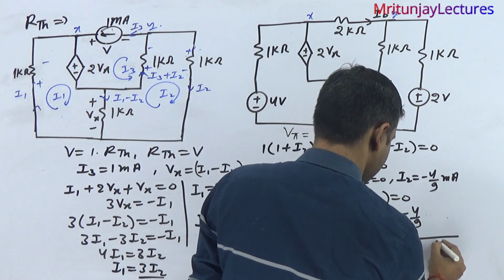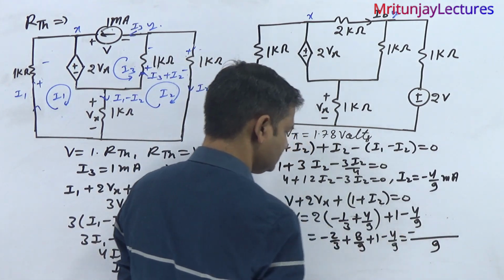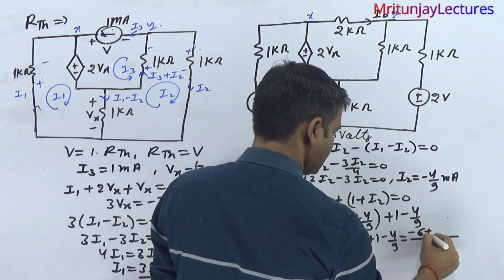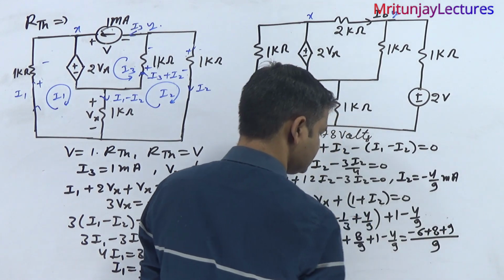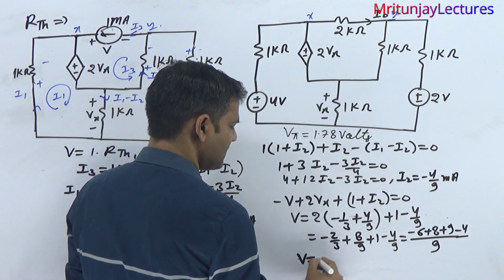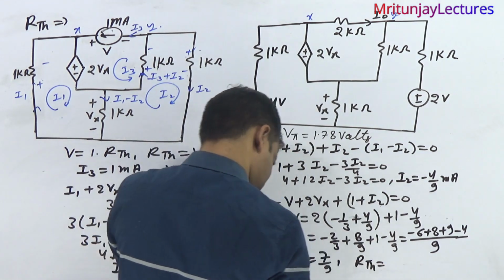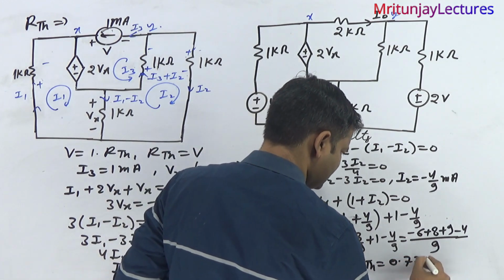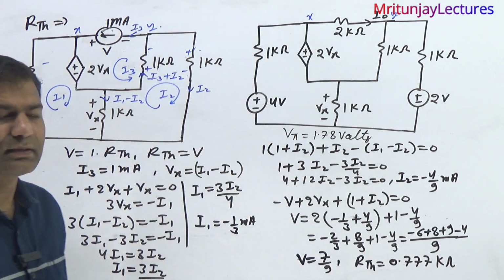If you take an LCM, that is 9: 3 twos is 6, plus 9, 8, plus 9, minus 4. We got V equal to 7 by 9. So what about RTH? RTH is 7 by 9, means 0.777 kilo ohm. Okay, clear or not?